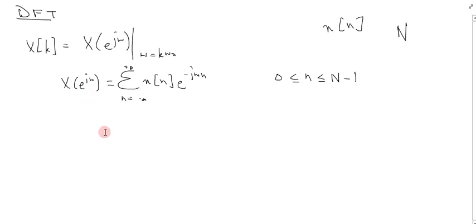So this will become the summation n equal to 0 to N minus 1 of x of n e raised to power minus j omega n.